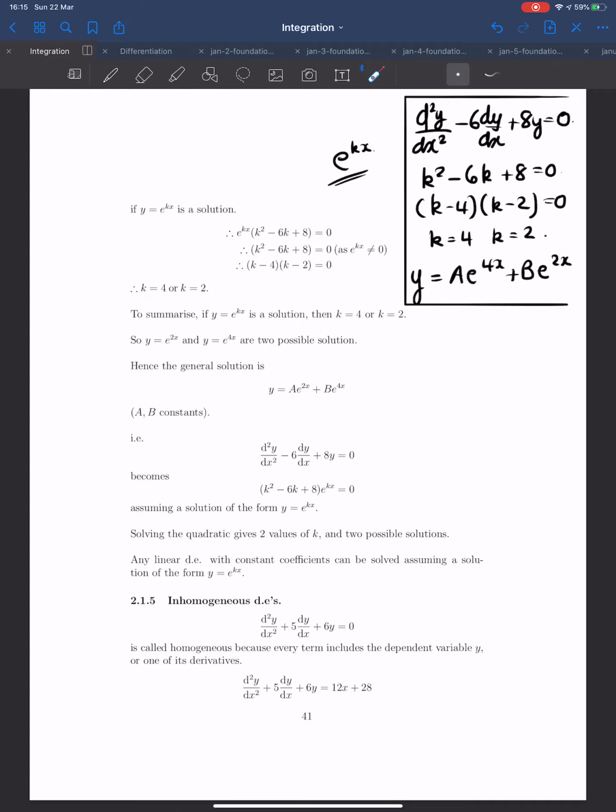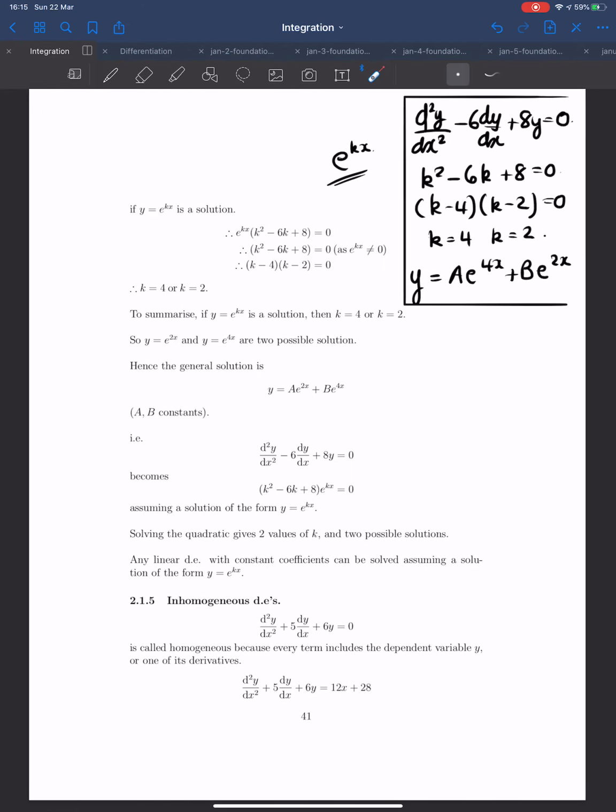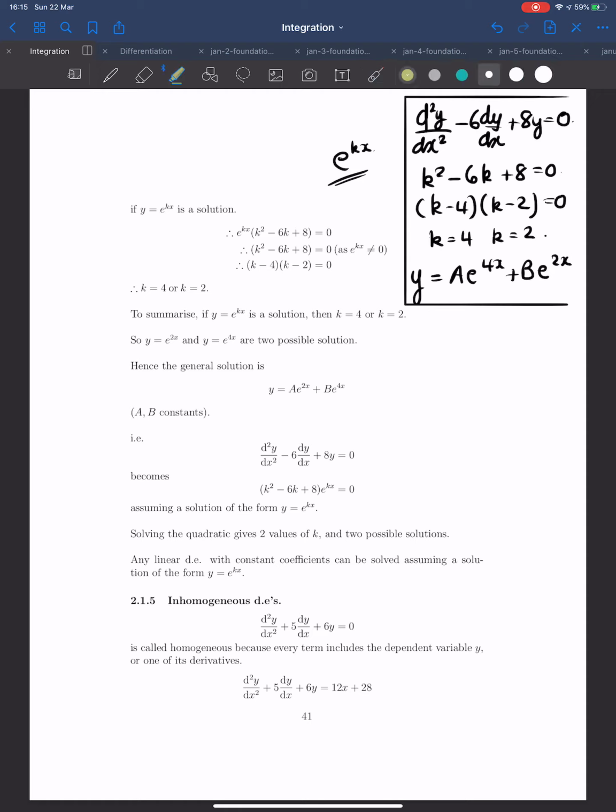Okay, the next one: homogeneous differential equations. Homogeneous differential equations are where every term includes a dependent variable y or one of its derivatives.